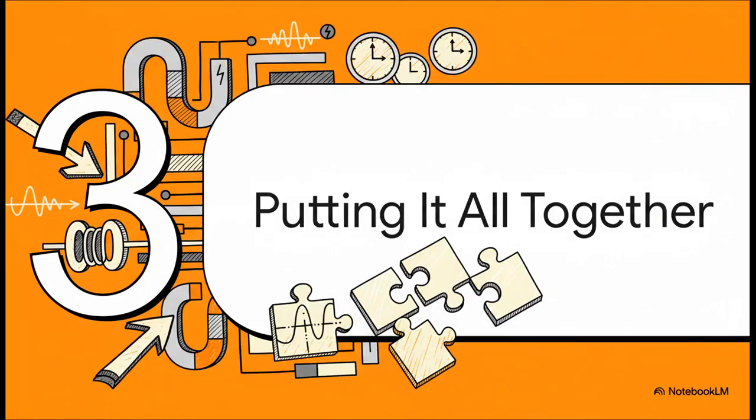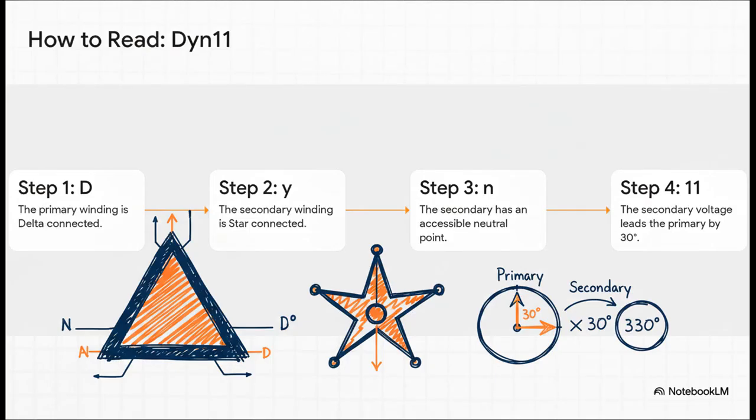Okay, we've got all the individual pieces of the puzzle now. We have the letters for the connections, and we have the numbers for the phase shift. Let's put them all together and finally decode a real vector group. Let's circle back to our original example, DYN11. Step 1. The capital D tells us the primary high voltage side is delta connected. Got it? Step 2. The lowercase y tells us the secondary low voltage side is star connected.